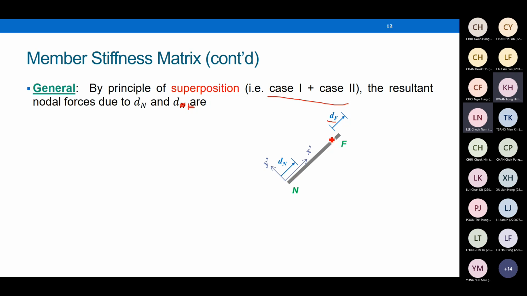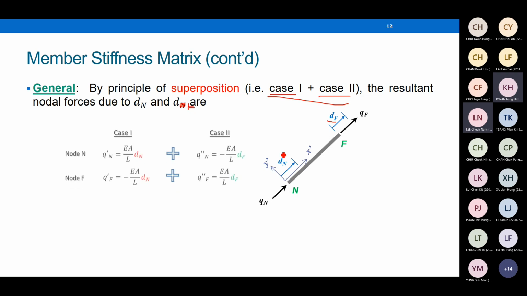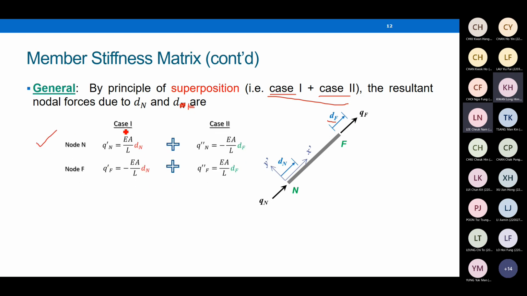In this case, what is the force displacement relationship? You don't need to recalculate again because you can superimpose the previous two scenarios together. The force at node N is now due to the combined effect of dN and dF. From case one, you can find the expression due to dN.